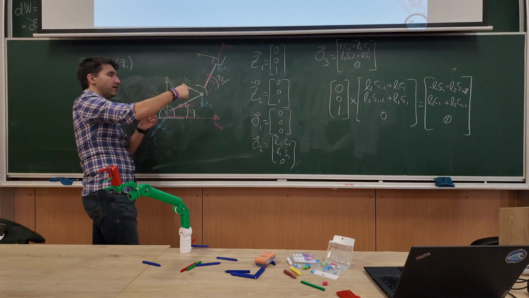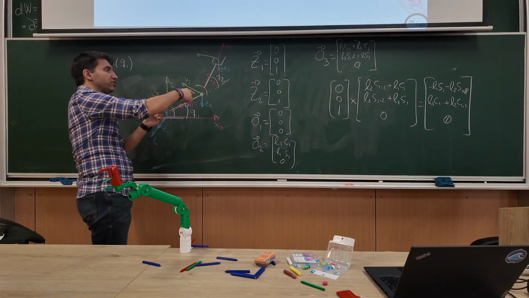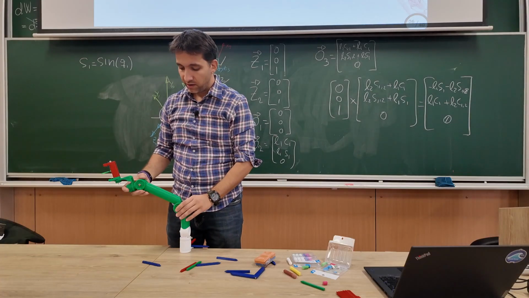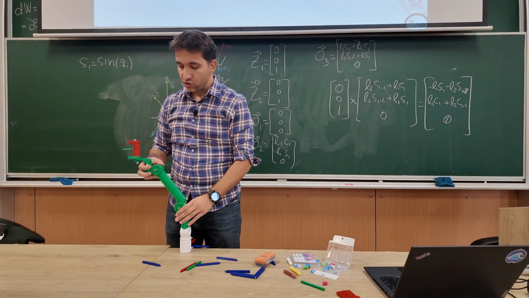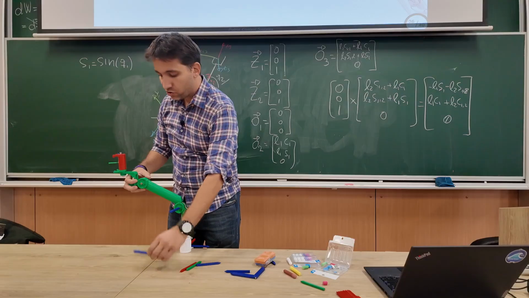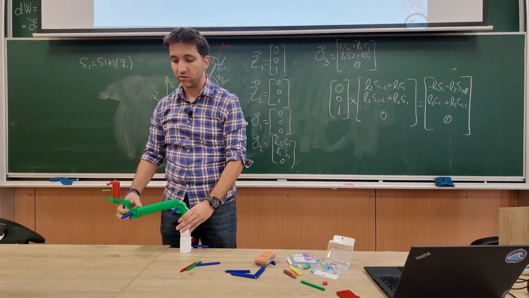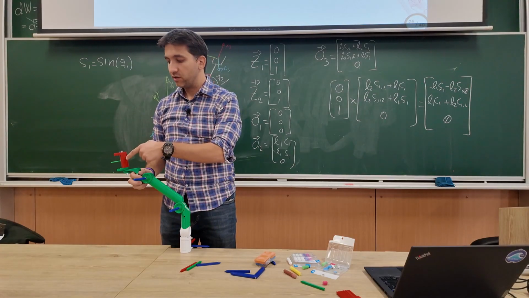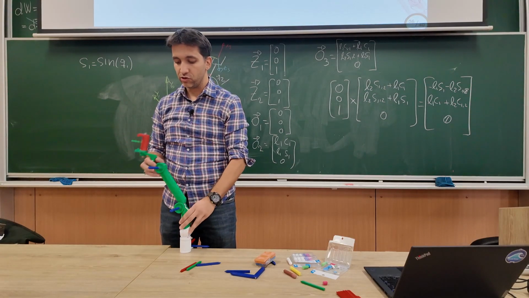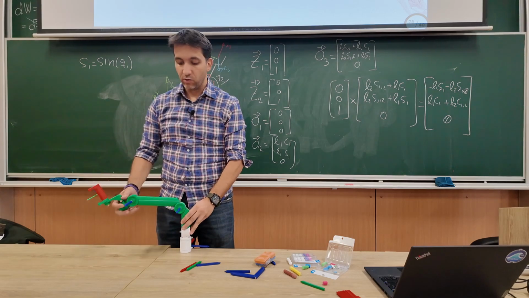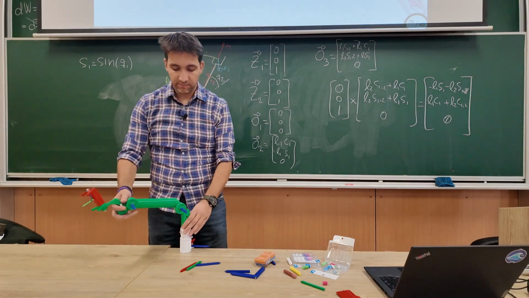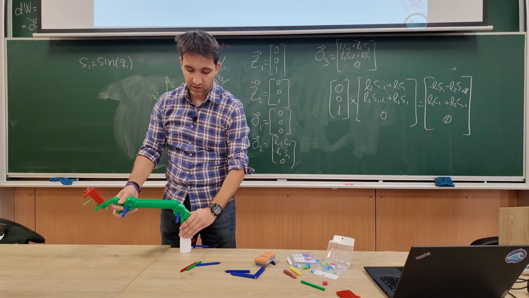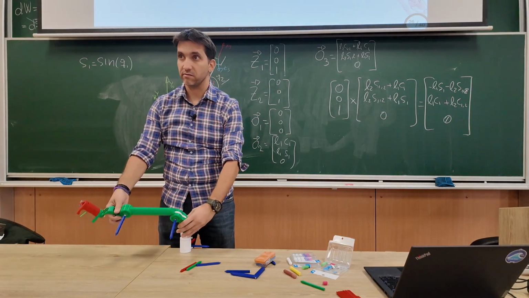That's because the axis of rotation for this robot does not change when I move my joints. If I move just these two joints, the axes of rotation for these joints don't change orientation, just change position. So the angular velocity at the end effector due to these two joints will not change. It will change if I rotate this joint as well, or this joint, because then I change the orientation of this axis.